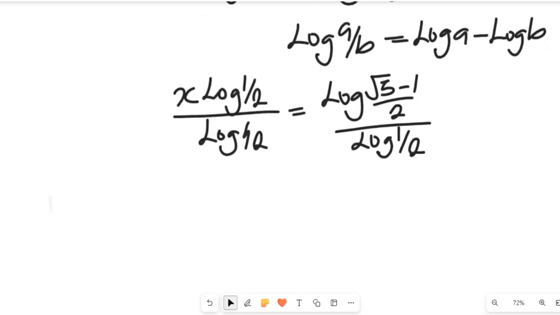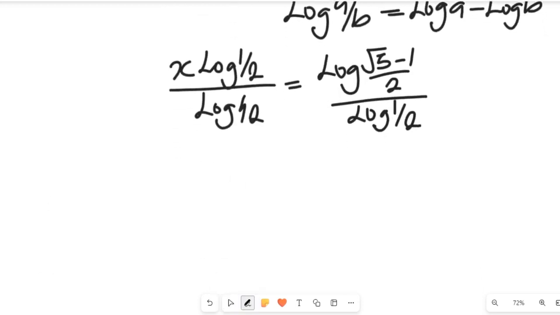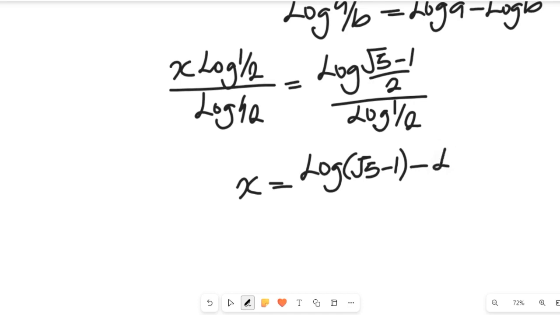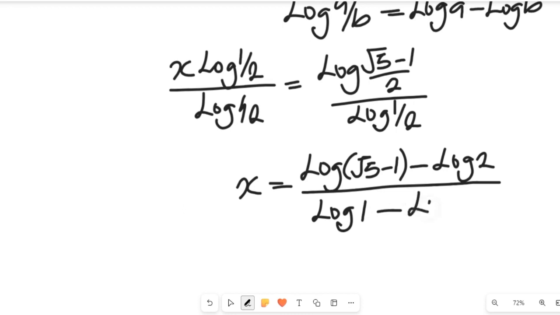So our value for x will be equal to the log of root 5 minus 1, minus log of 2, all divided by the log of 1 minus the log of 2.